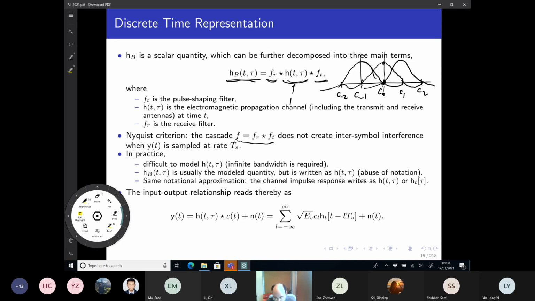And this works really well if you have an ideal system where you have no wireless channel. Now, in general, you don't have a 1 there. You may have something much more complicated, because in the electromagnetic propagation you have echoes, and the examples I gave you before really come into play here.